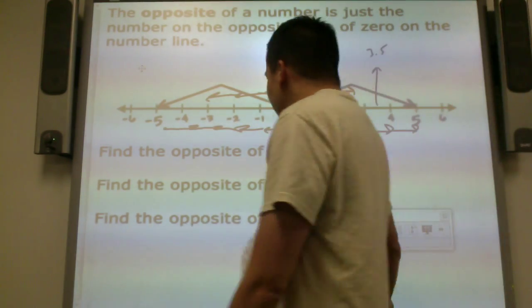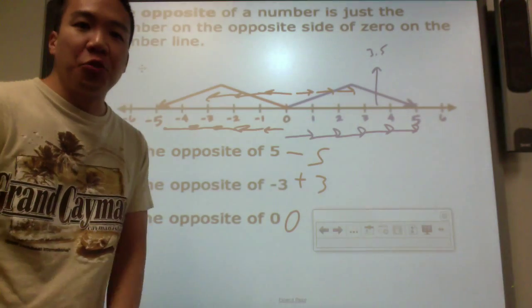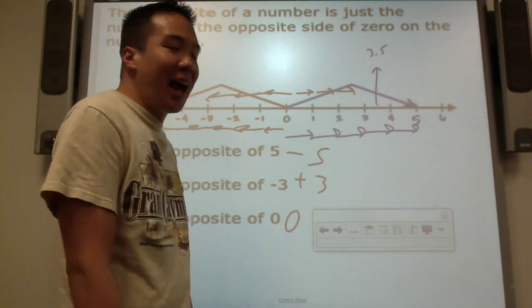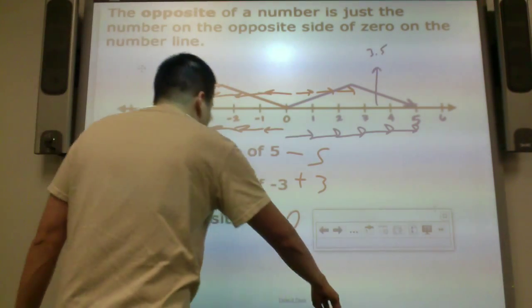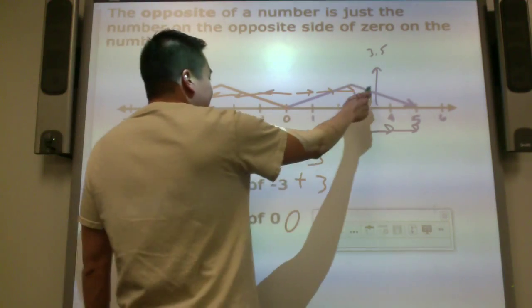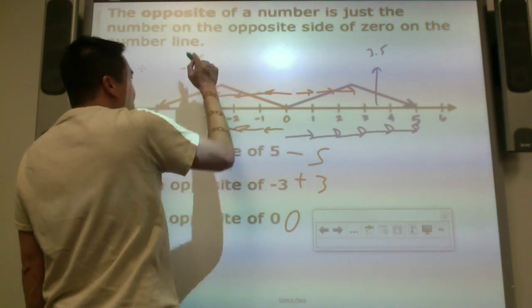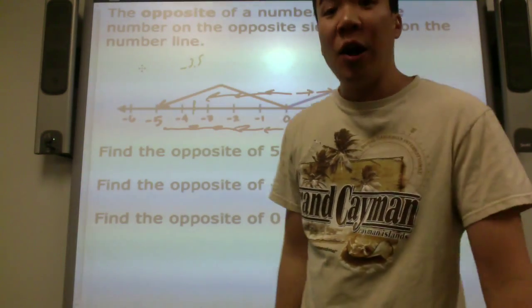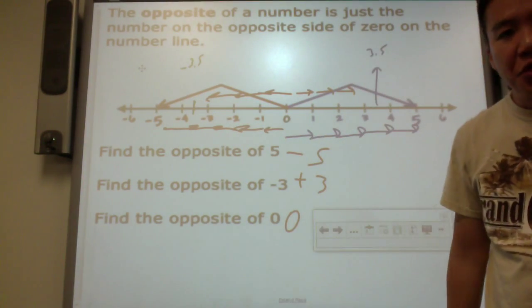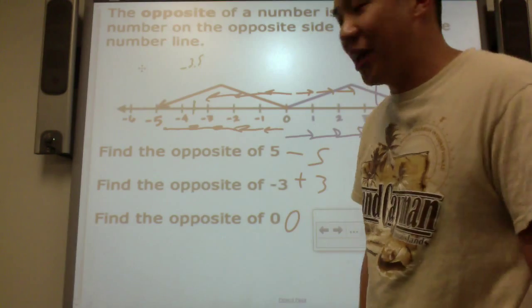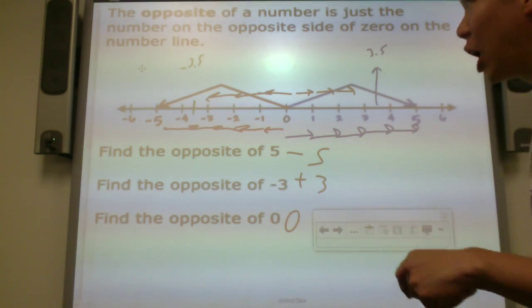So what is the opposite of 3 and 5/10 or 3.5? If it's 3.5 to the right of 0, then 3.5 to the left of 0 would be the opposite. The rational number is negative 3 and 5/10 or negative 3.5. So that's the opposite.